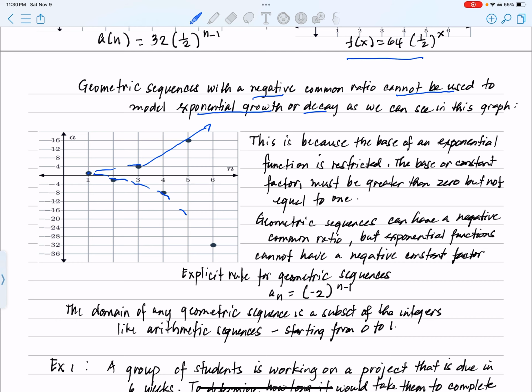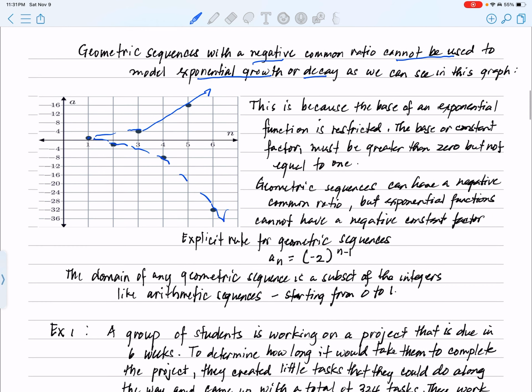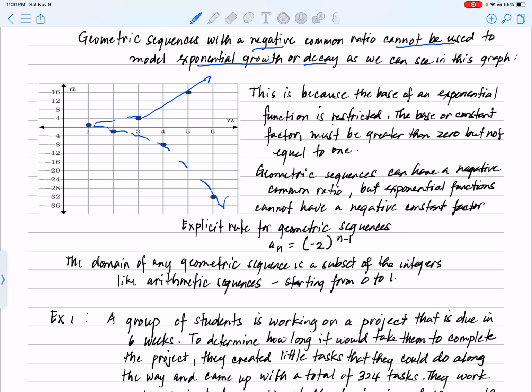So it cannot be used to model exponential growth or decay. What's the reason? This is because the base of the exponential function is restricted. The base or constant factor must be greater than 0 but not equal to 1.